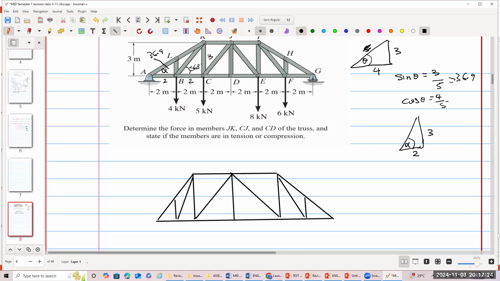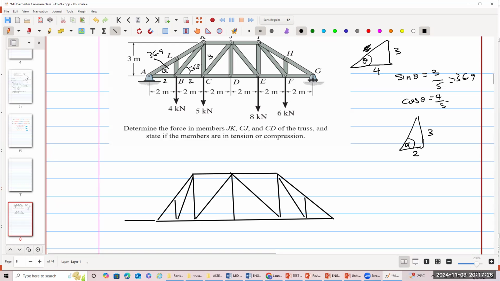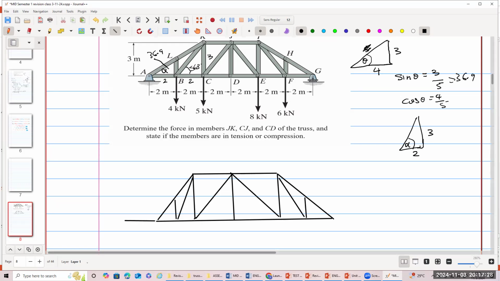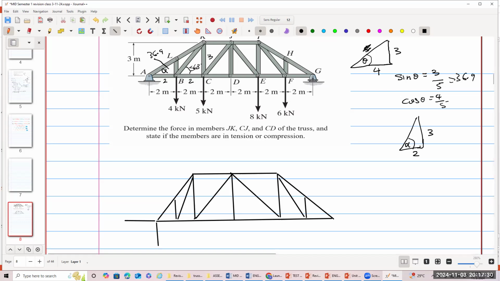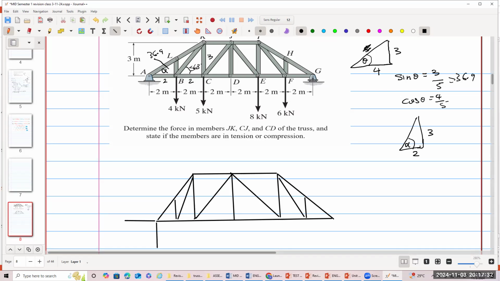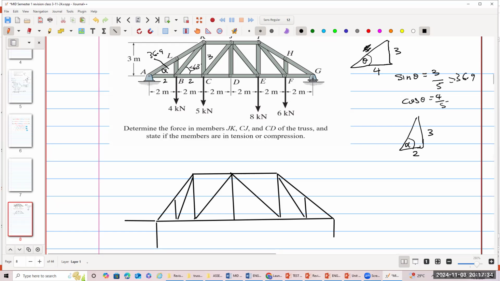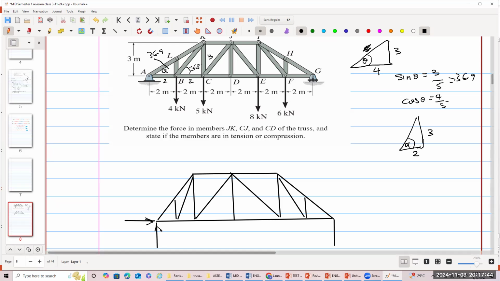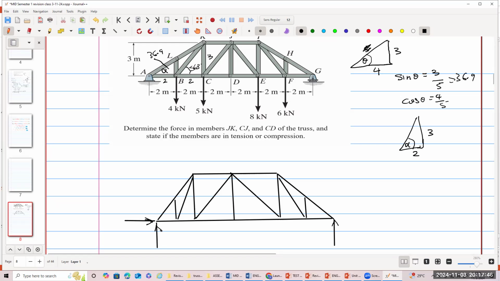This is a pin, so you could say you have a force going in and one going up. There's a roller here, so you have one. Then you can put your arrows on them, and you put on the arrow going in.